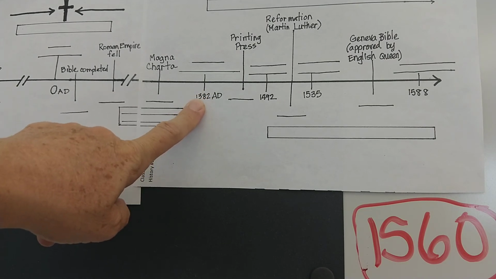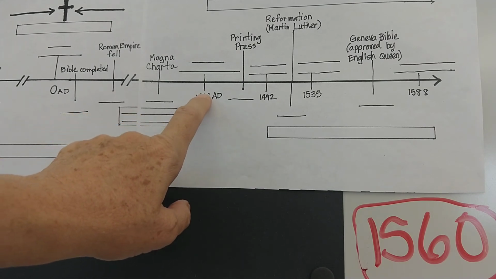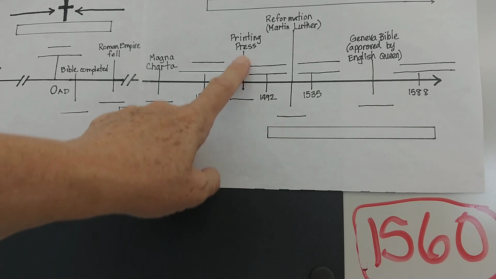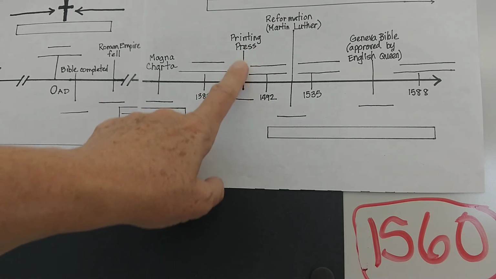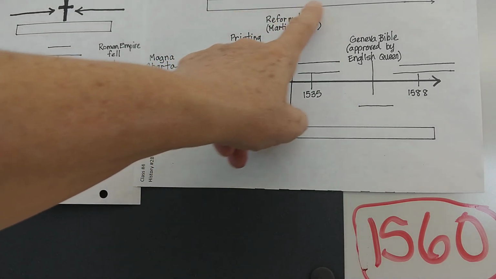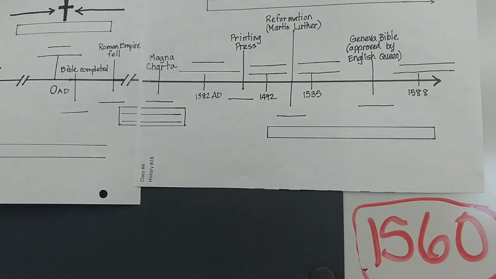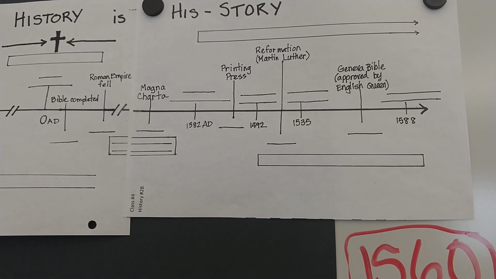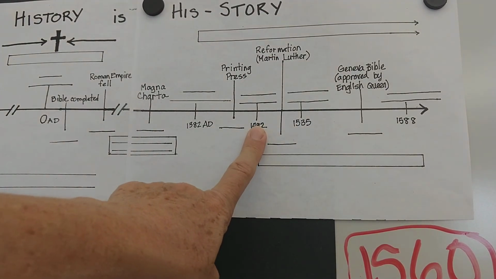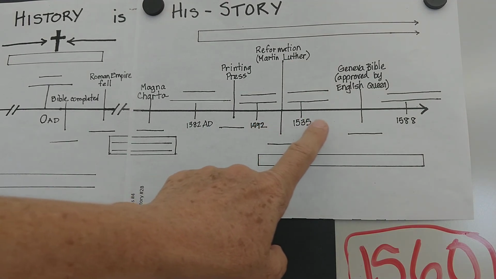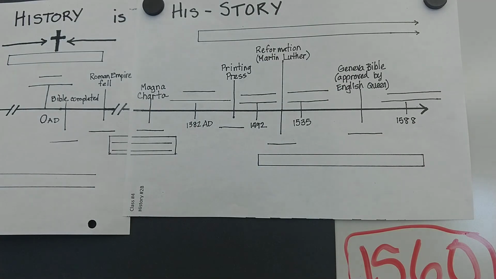Nobody knew it was here. And then about 100 years later, once the Bible started getting printed on a printing press and being given to the people, in the hands of the people, God allowed North America to be discovered by Columbus, and the stage was set for the founding of the United States of America.